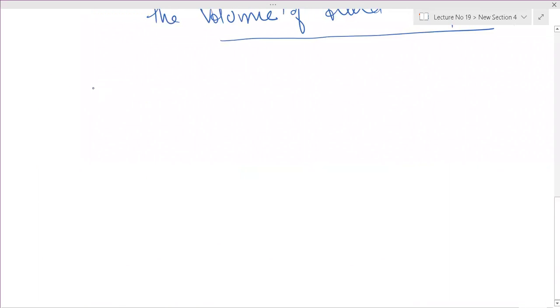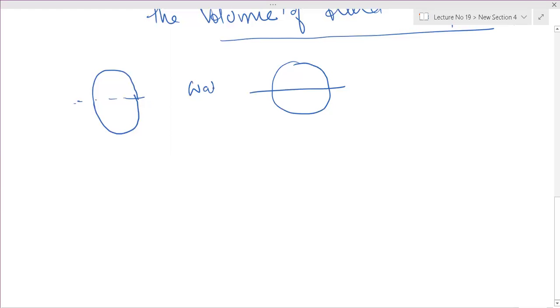Suppose you have a sphere. Half of the sphere is inside the water. This is the water level.